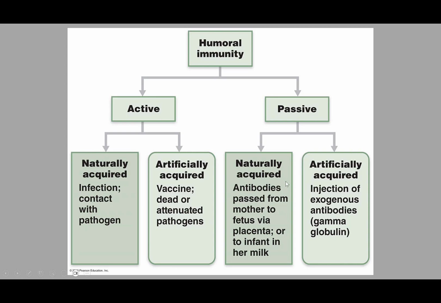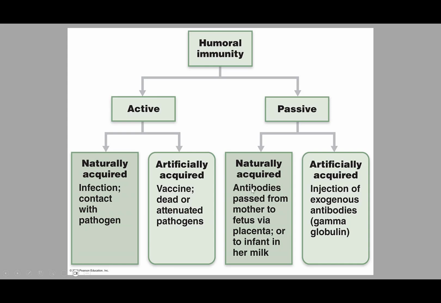When baby is in the womb, antibodies from mom can cross the placenta and get into baby's circulatory system. And those antibodies will remain in baby for quite a while, even after he is born. So baby is born with some immunity against whatever mom had immunity against.